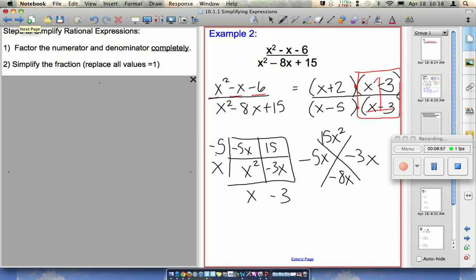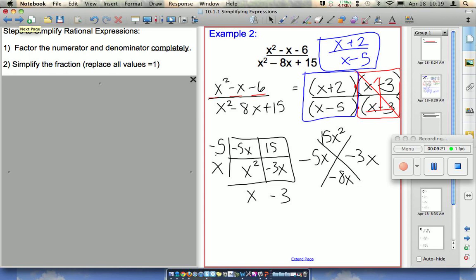So I can cancel that because I don't really need to multiply by 1. It doesn't change my answer. And my simplified expression is x plus 2 over x minus 5. That's my answer. You don't have to put the parentheses in your final answer, but it doesn't matter. There's your answer. That's as simple as it gets.